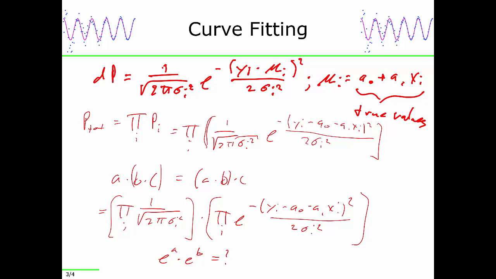What's e to the a times e to the b equal to? e to the a plus b. So I can write this as that term times e to the minus 1/2 summation of yi minus a0 minus a1 xi squared over sigma i squared.